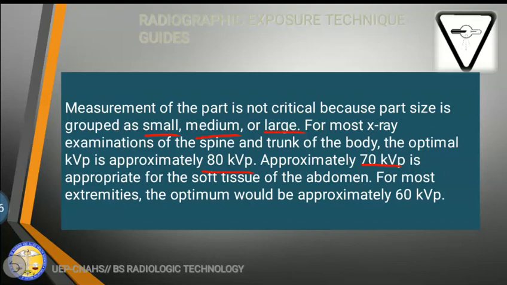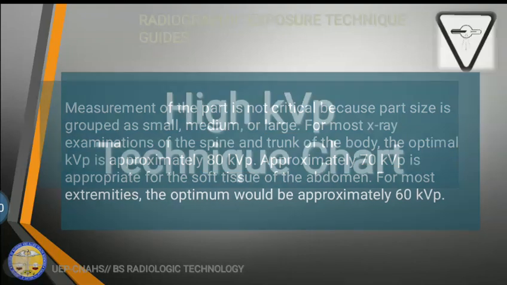For most extremities, the optimum would be 60 kVp. Usually now, we are using more than 80 for the abdomen. Pero, kasi nga, ito yung mga recommendations ng ating book.